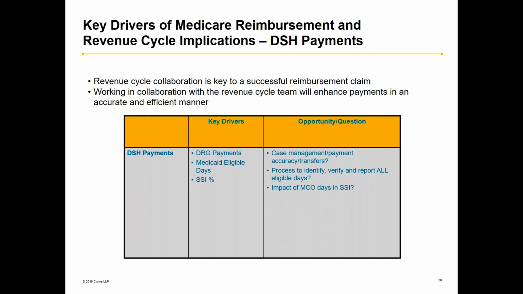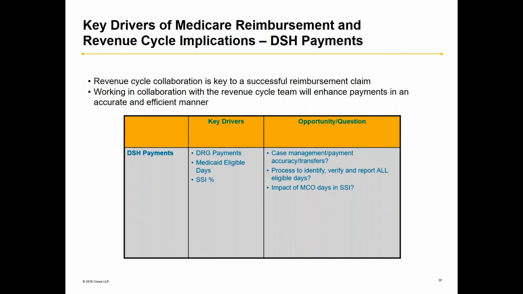What's being done to identify those Medicaid eligible days? Is there a process in place to identify all of the Medicaid eligible patients, and those that are eligible for Medicaid but not yet on Medicaid? Those processes should all be in place on that front end to make sure we're identifying our Medicaid eligible days to increase our DSH payments.